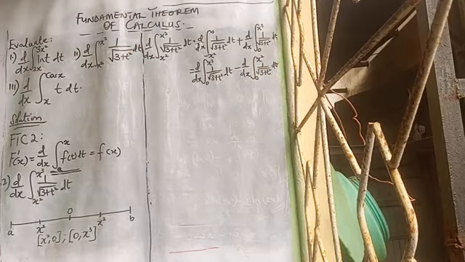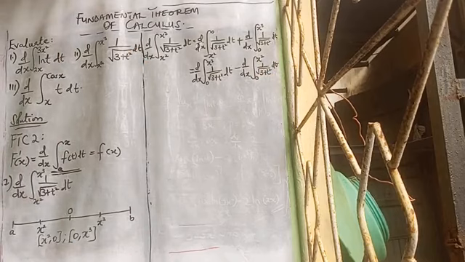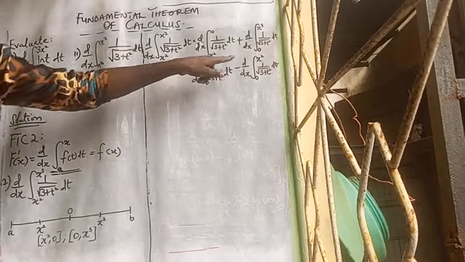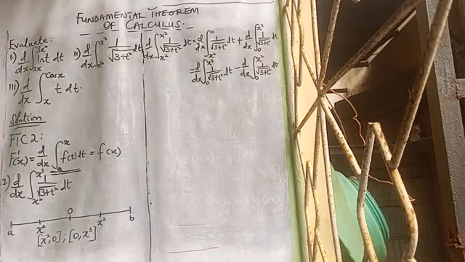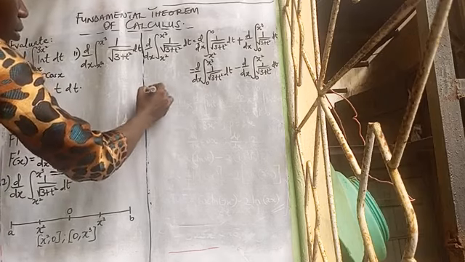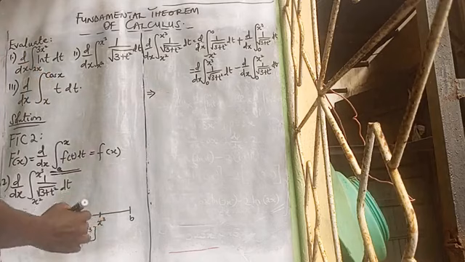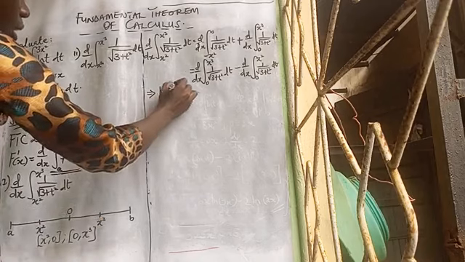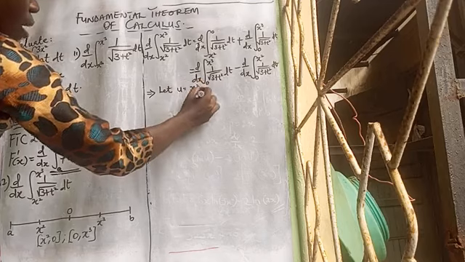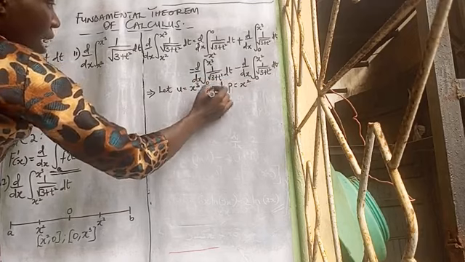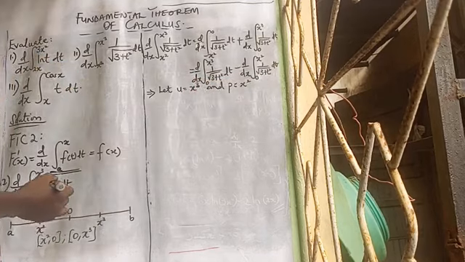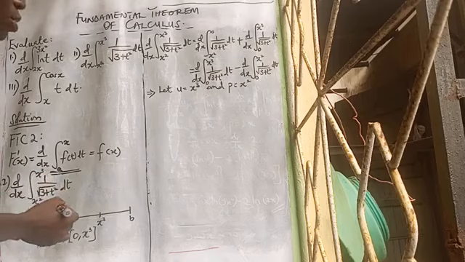And again, as we said in example 1, once the upper limit is a function of x and not just the variable x, we need to perform something like the chain rule. And so this now becomes what? Let u equal x cubed and p equal x squared.